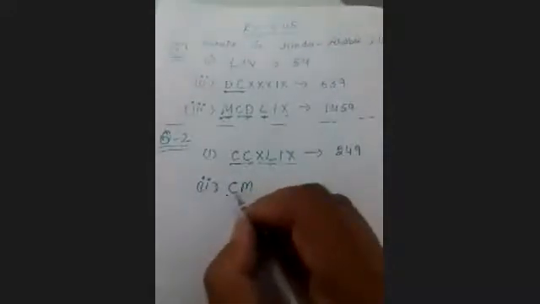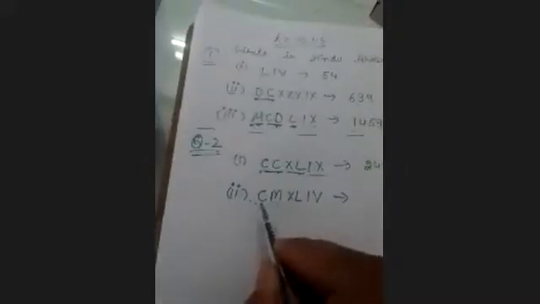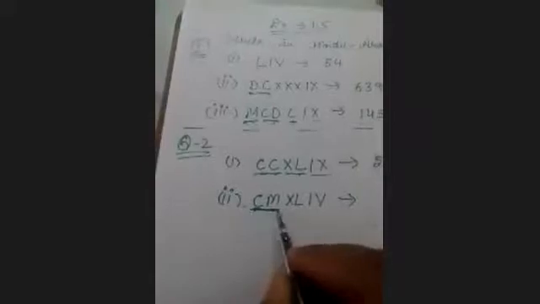Next is the second part: CMXLIV. Yes, friends. CM means 1000 minus 100, 900.